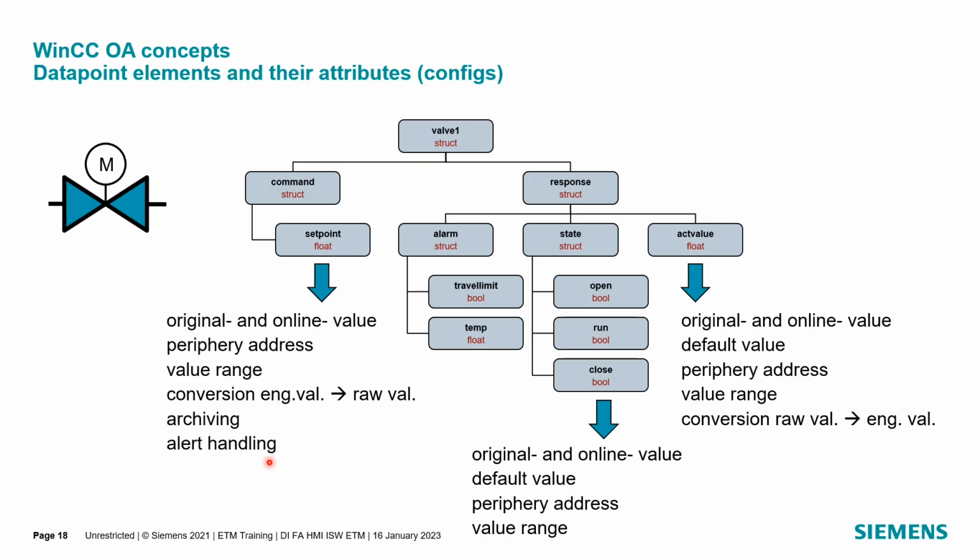So if we define alert ranges and we are crossing these ranges, then we can create an alert or alarm in WinCC OA and display that in our alert rows, or our custom object we created with our graphical editor, and so on and so on. So during the next 7 days, we will go through all these 21 configs and their attributes.